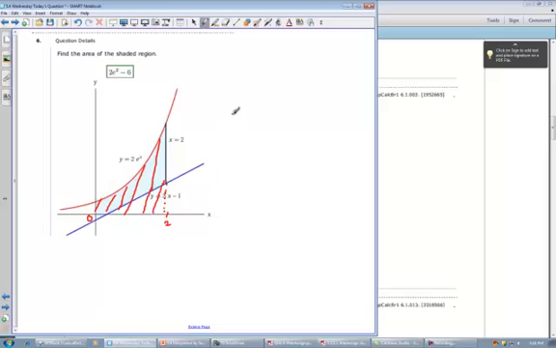So that's going to be the integral from 0 to 2 of 2e to the x dx. So that's the area in red. And then we'll take off underneath here this area in blue. I'll actually subtract that. So we'll say minus the integral from 0 to 2 of 3x minus 1 dx.